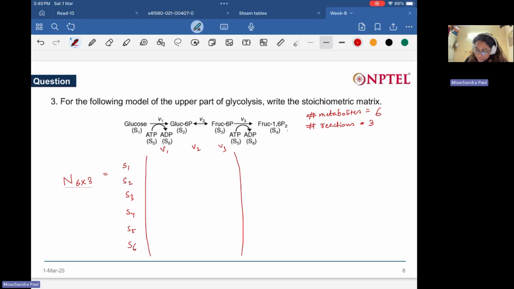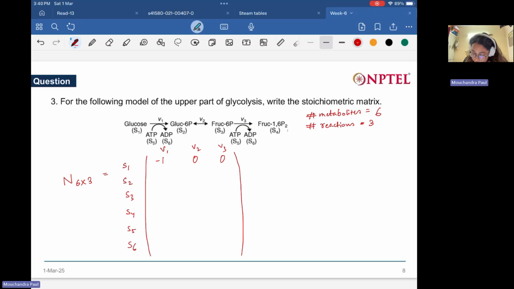So let's look at each reaction and the substrates involved in those reactions and look at their stoichiometric coefficients in order to fill up this stoichiometric matrix. So for reaction 1, S1 is a reactant. Only 1 mole is getting used. So -1.